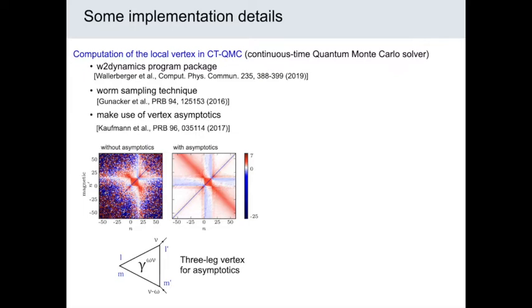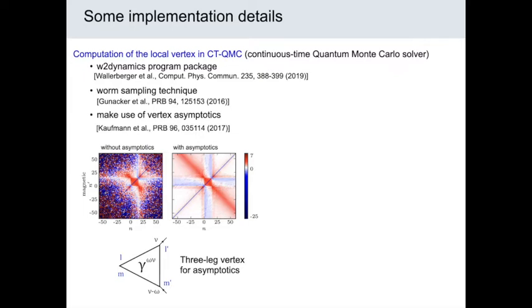And for example, in this vertex asymptotics, you can see the figure I put here. On the left side, what you can see is the local vertex for a specific bosonic frequency. On the x-axis is one fermionic frequency, on the y-axis the other.